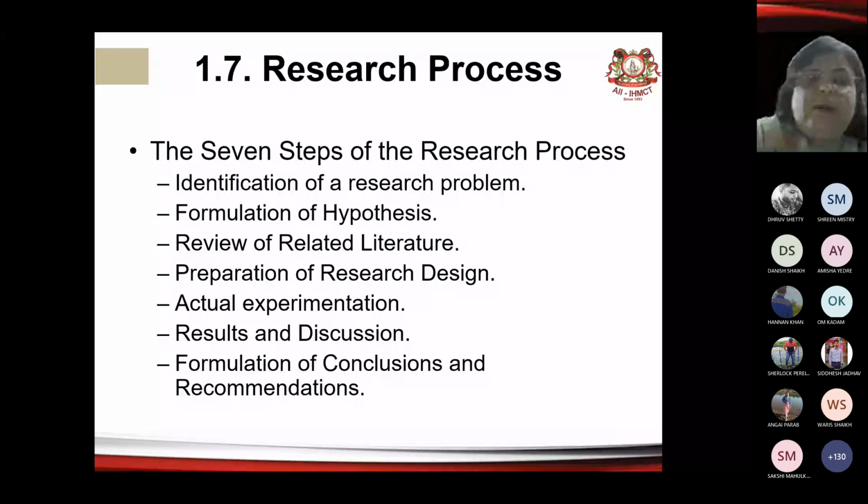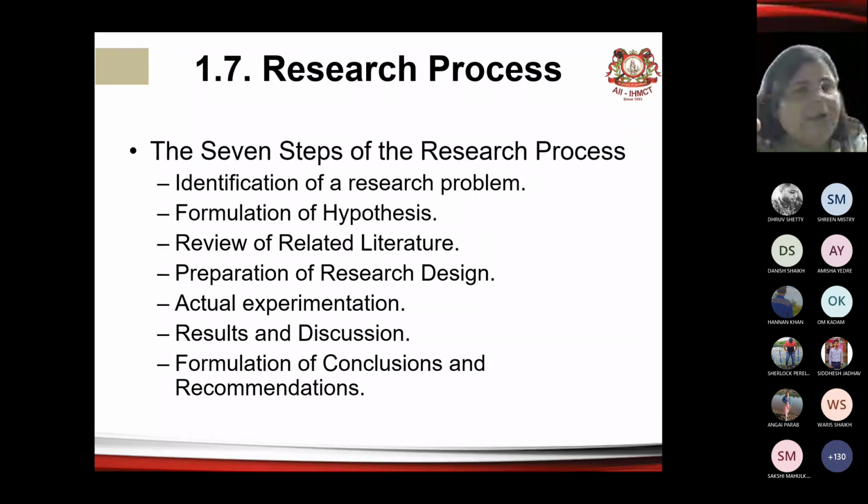Anyhow, let's go ahead. Review of related literature. Here I would like to tell you, the first step would be, if you think I want to do it on this topic, I have to review the literature of that. Like if I want to do indigenous cuisine of India, I have to read all the literature related to that, because as I told you, I cannot repeat any topic.